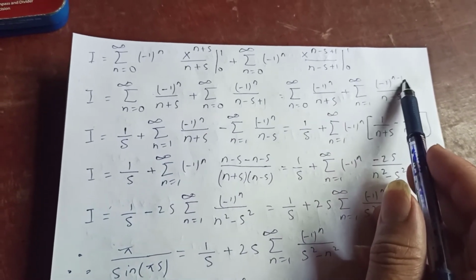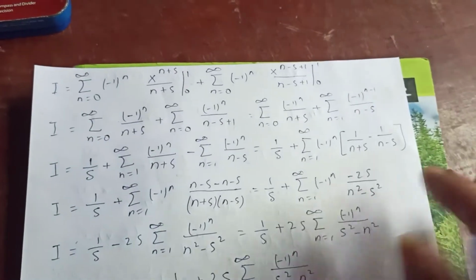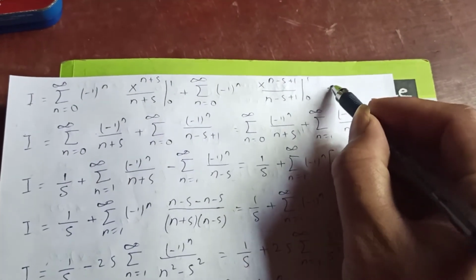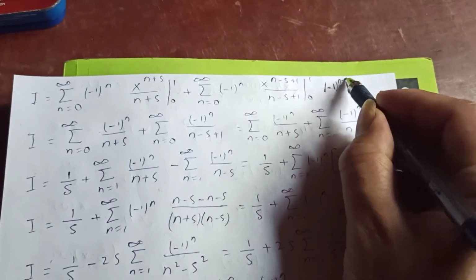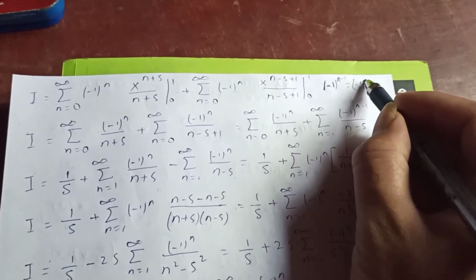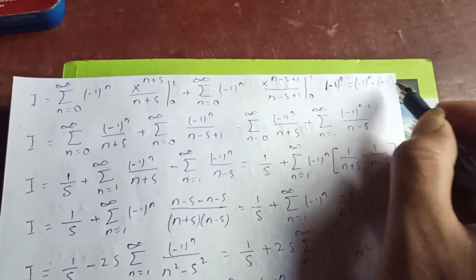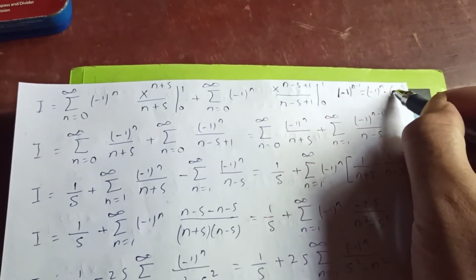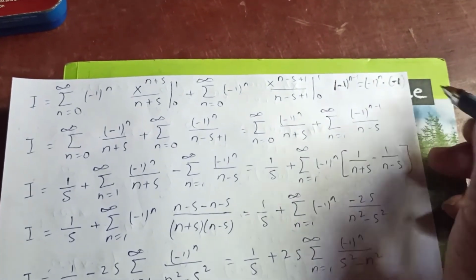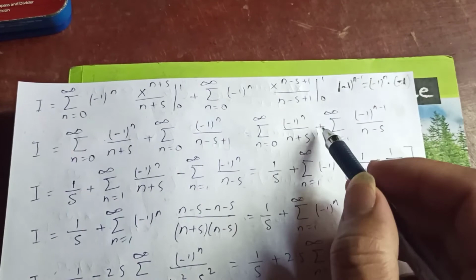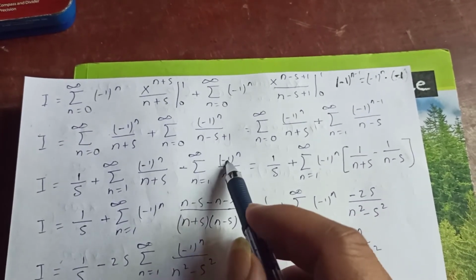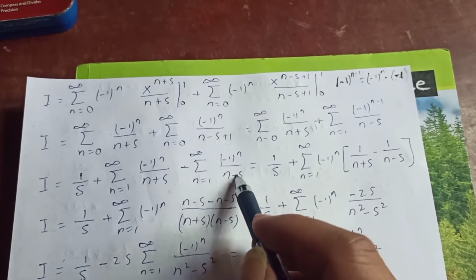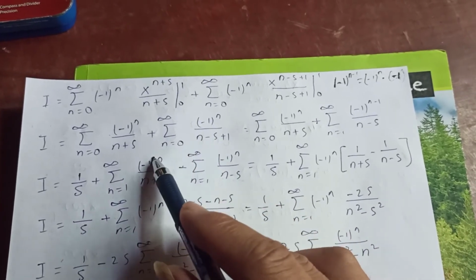There are two negatives here, so negative 1 to the n minus 1 is the same as negative 1 to the n times negative 1. So this negative and this positive become negative: the sum from n equals 1 to infinity of minus 1 to the n upon n minus s. Why did I do so? Because I want to combine these two.